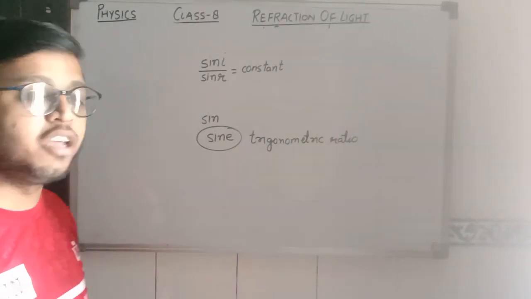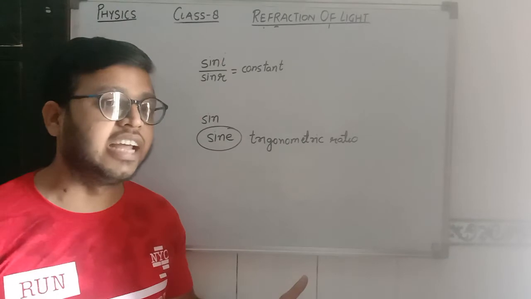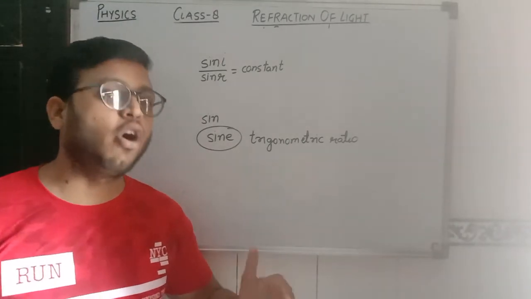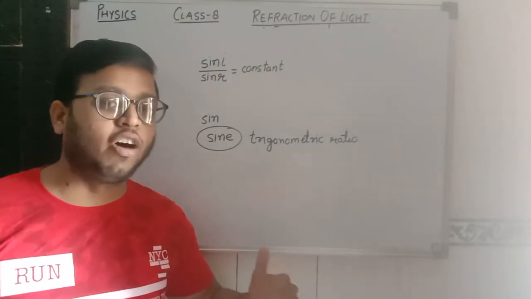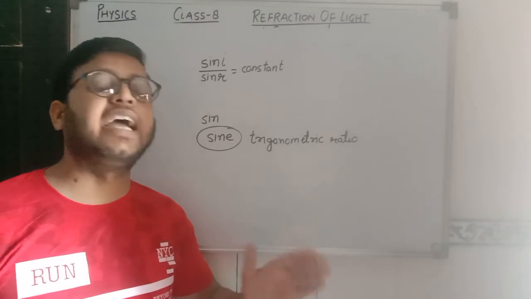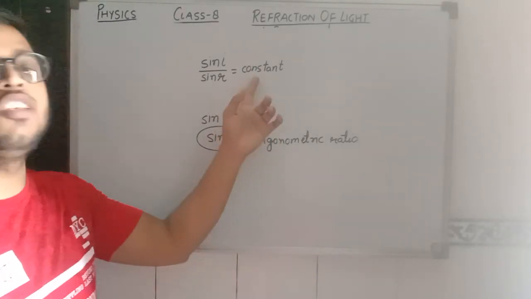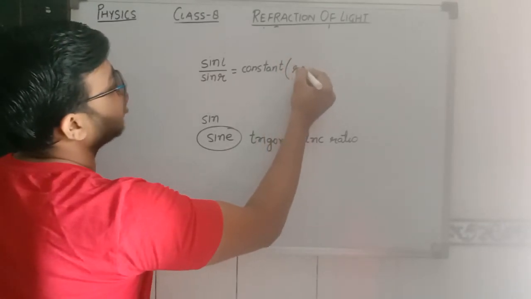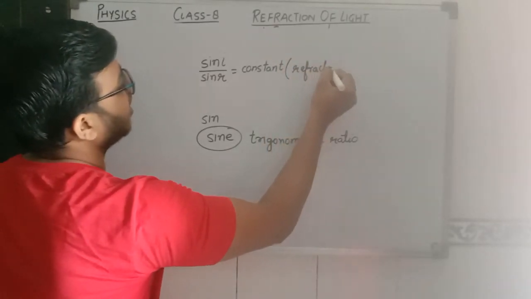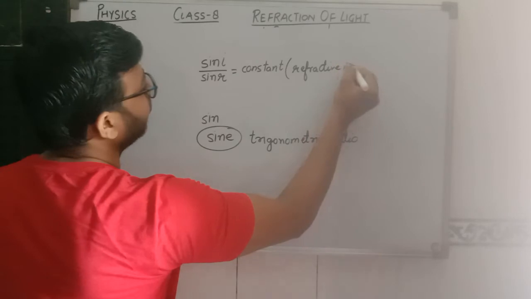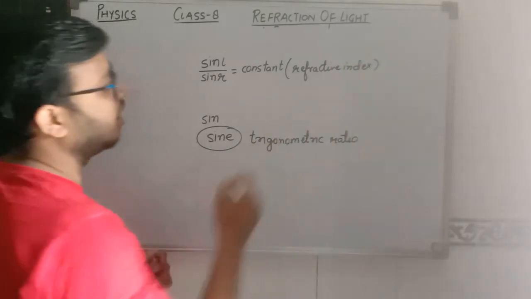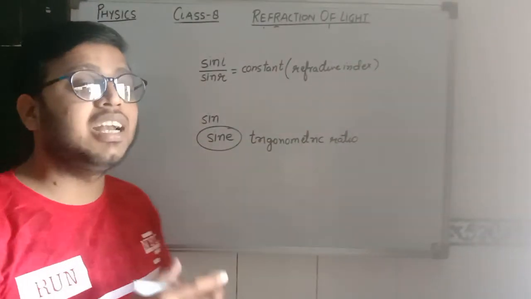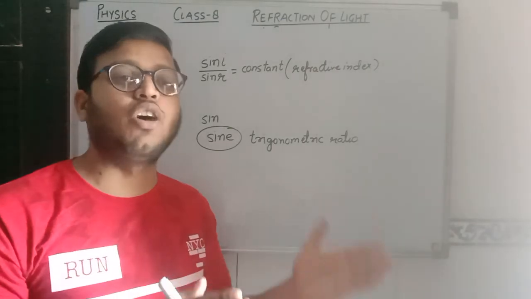So the second law can be written as: the ratio of sine of angle of incidence to the sine of angle of refraction is always a constant, and this constant is called refractive index, which is the measurement of the refracting capacity of a medium.